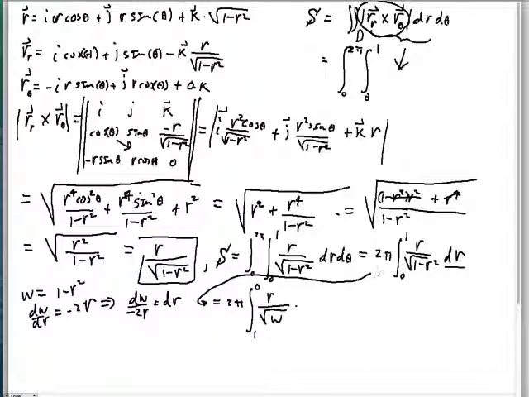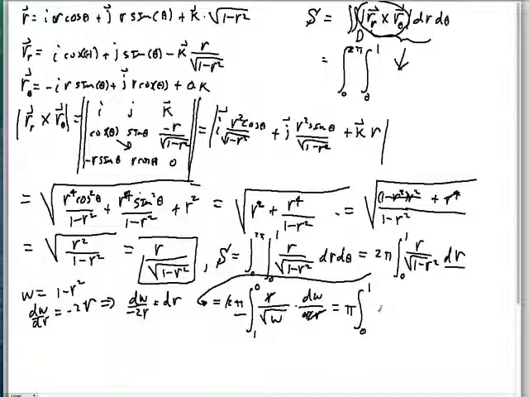Everywhere we see a dr, we can put a dw over negative 2r in its place. The 2's will cancel. There's a negative sign that goes out front, and these r's will cancel there. So we can move that negative sign out front, but we see that we have misordered limits of integration, and so what we can do is flip the sign and make it go from 0 to 1.